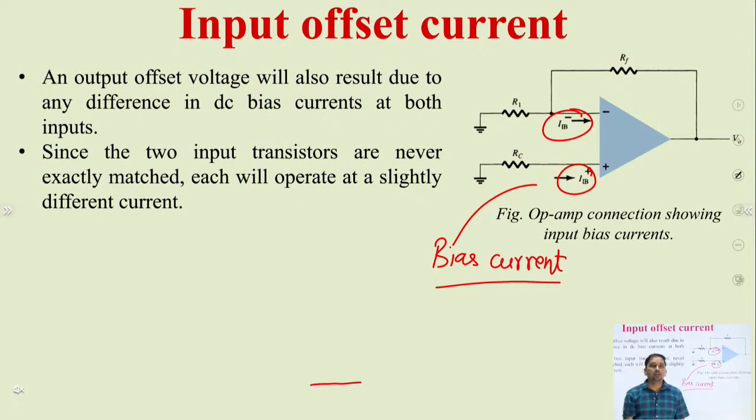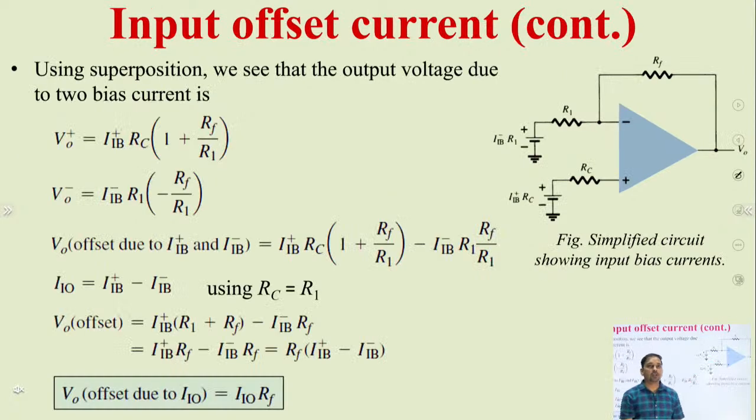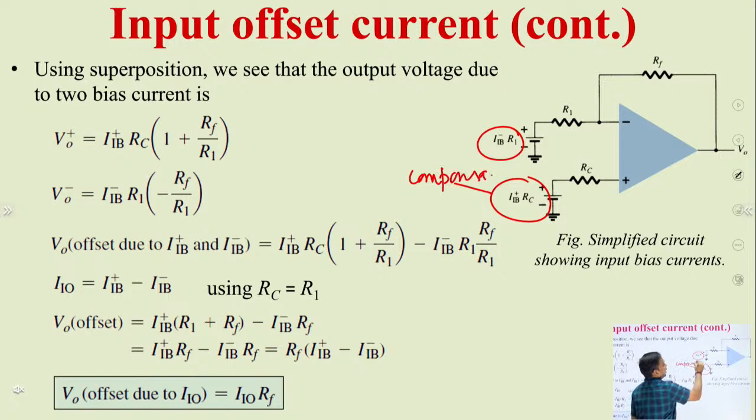As we are utilizing resistances, the voltage is V equals IR. So IIB negative multiplied by R1 and also IIB positive multiplied by RC, where RC is the compensation resistance. Later on we will assume some values for this compensation resistance and take care of it.